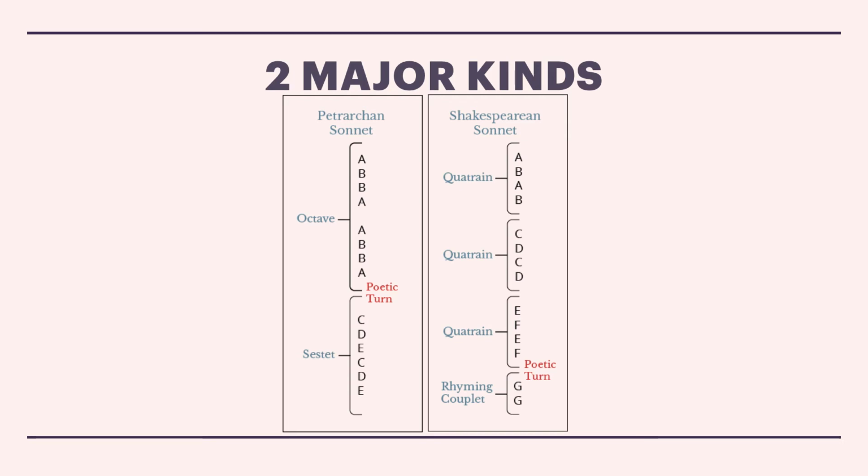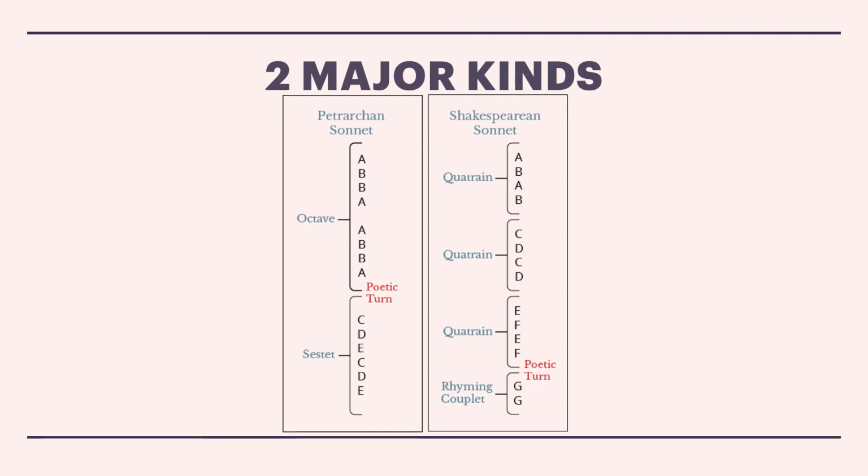These sonnets are either named after the language in which they were originally written, Italian, or English for the Shakespearean one, or they're also named after the poet most closely associated with that structure. So the Italian sonnet is associated with Petrarch, the English sonnet is associated with Shakespeare.